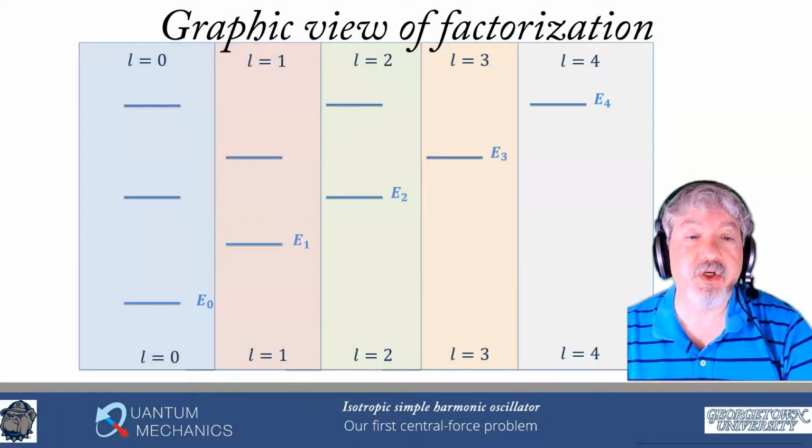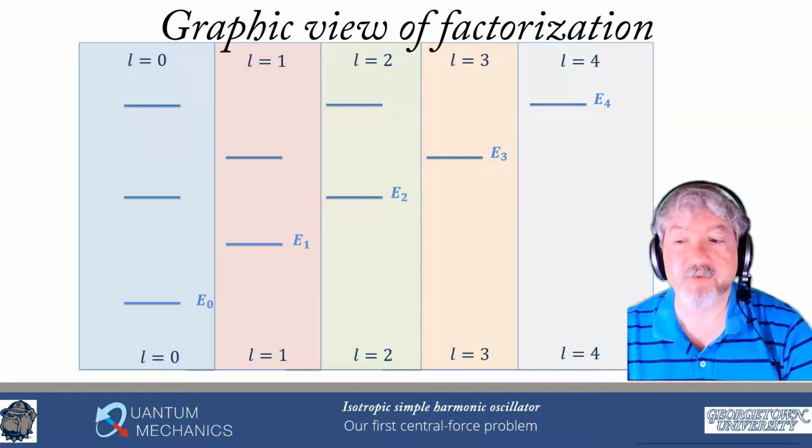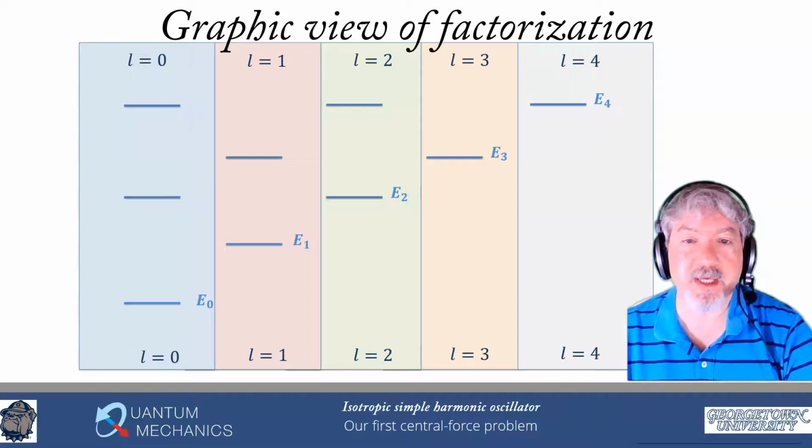All right, let's take a look at what these energy eigenstates are. I've actually written out for you what those energy eigenstates are, using the formula that the energy eigenstate is equal to E0L plus M H bar omega. You get these different energy levels, and I've used these different colored rectangles to separate out the different angular momenta. Here I'm showing L equals 0, L equals 1, L equals 2, L equals 3.